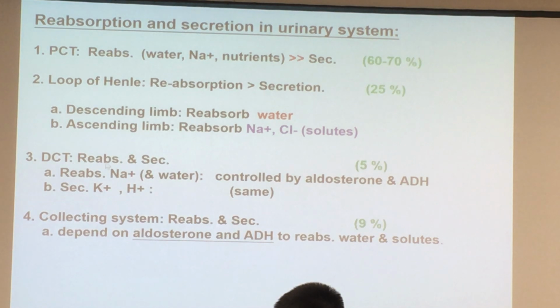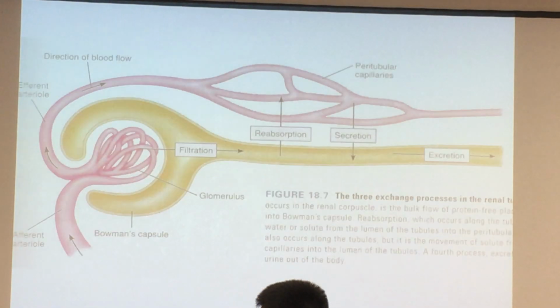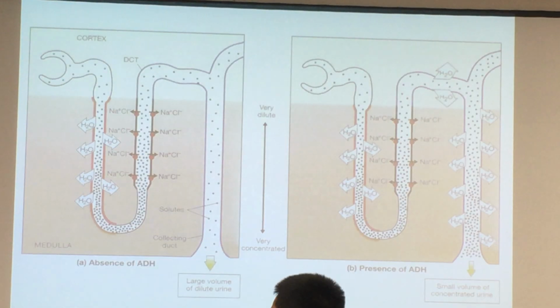For the DCT, reabsorption and secretion only account for about 5%, so not that much. The collecting system or papillary duct only 9%. And it depends on aldosterone or ADH. All right, so let's continue to go to here.